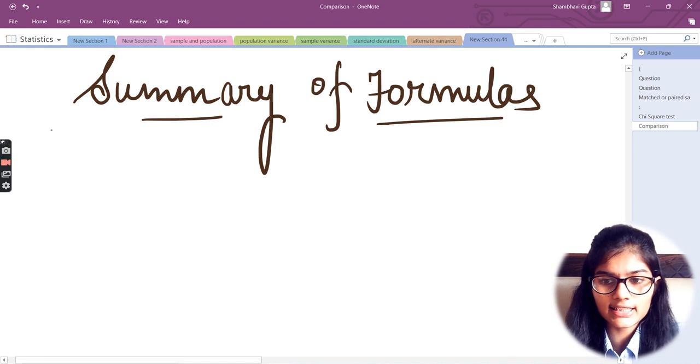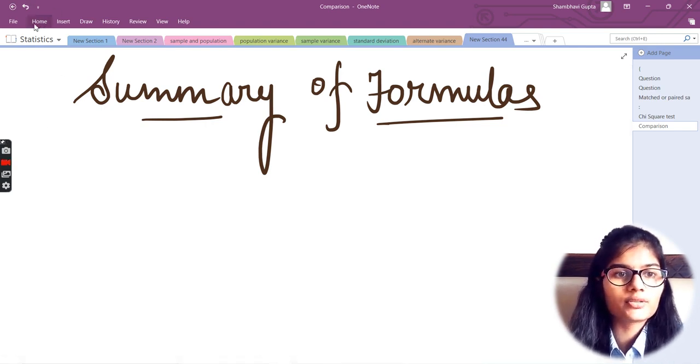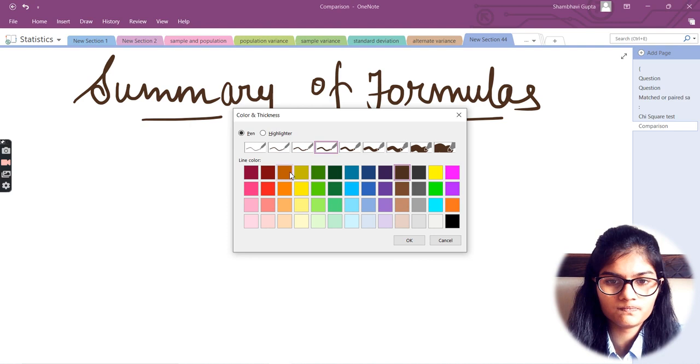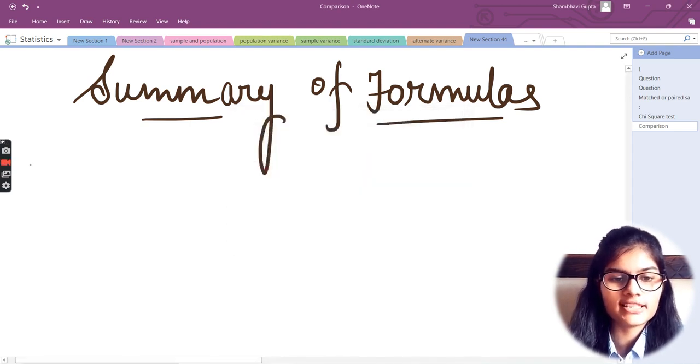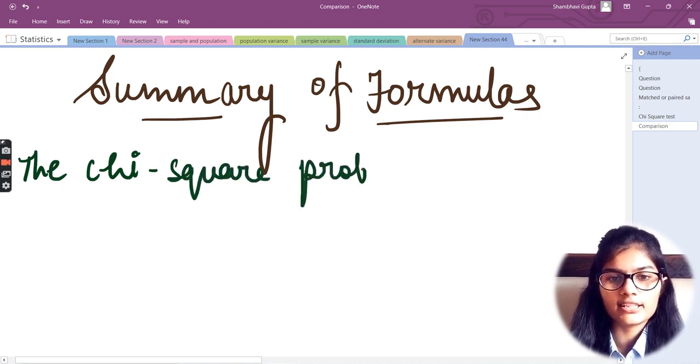Okay, so I'll be starting with the quick summary. I'll take a new color from this place. Let's say it's this one. Right here. So let's start. For the first thing, I'm going to quickly discuss the chi-square probability distribution.